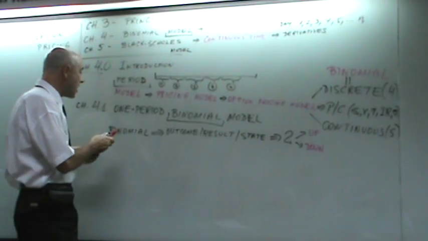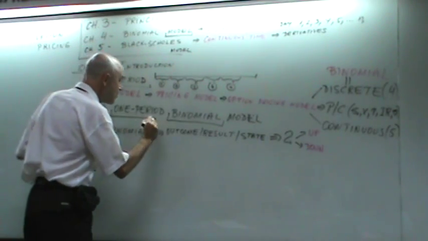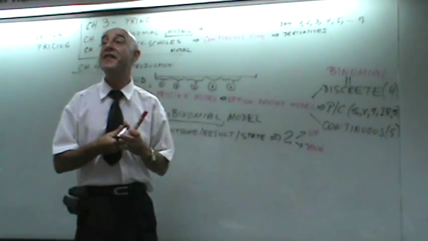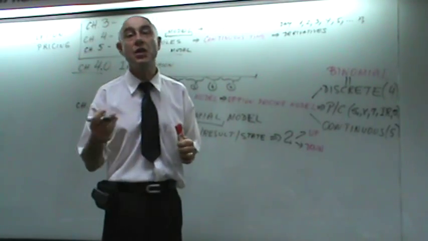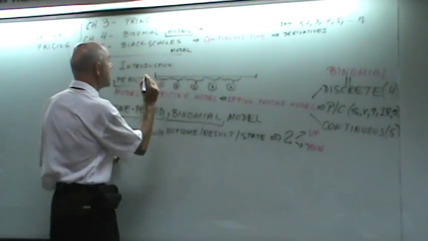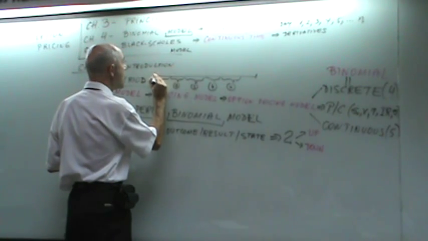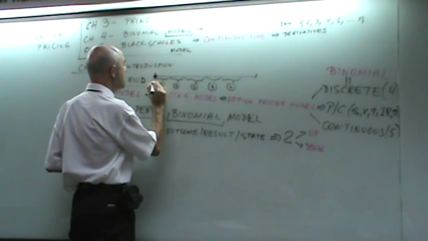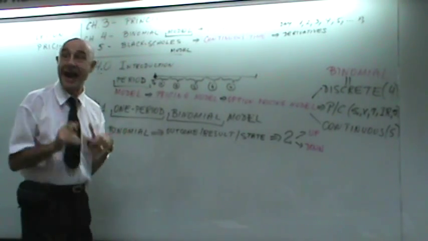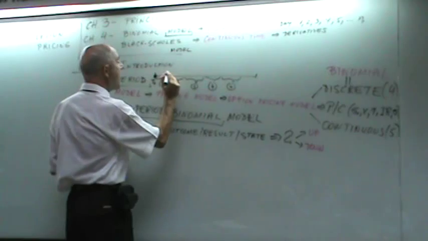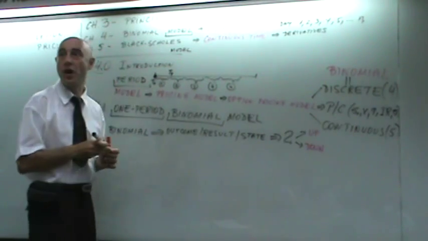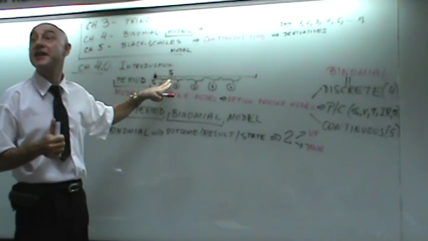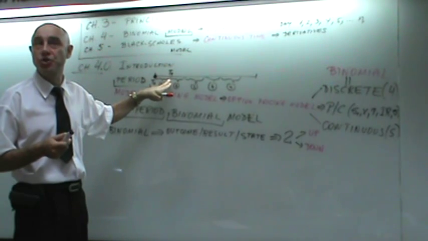And the second key characteristic is that we begin with a one-period model. In a one-period model, essentially, you are over here at time 0. So this is going to be t0, now. And it's going to have t1, which is expiration or maturity.